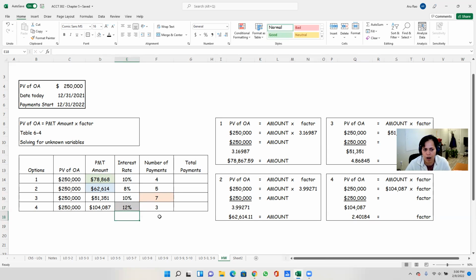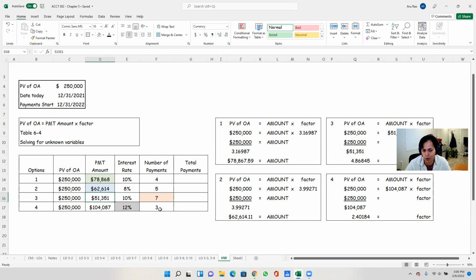Okay, so obviously, number of periods is much smaller. The interest rate is higher. Therefore, these payments are higher. Now, all of these numbers look very different. The third one is the smallest payment, but I'm going to make those payments for 7 years. The fourth one is the largest payment.